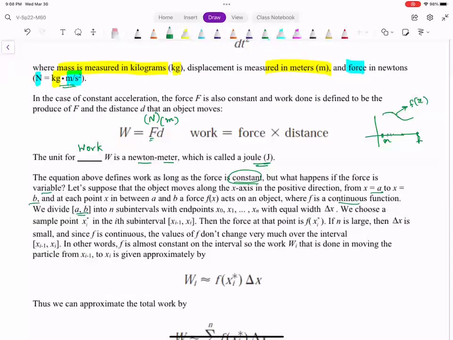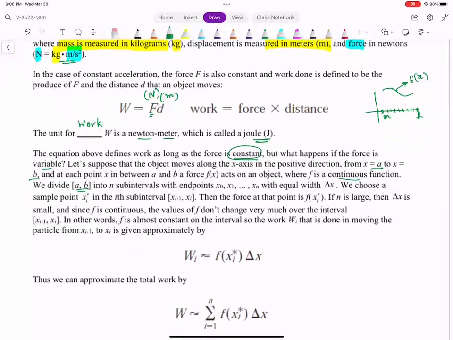As long as we make the interval very small, we take lots and lots of intervals as n approaching infinity. The force over each interval is considered constant in that case. So Wi, which is the work done on the ith subinterval, is the force acting on the ith subinterval multiplied by delta x.